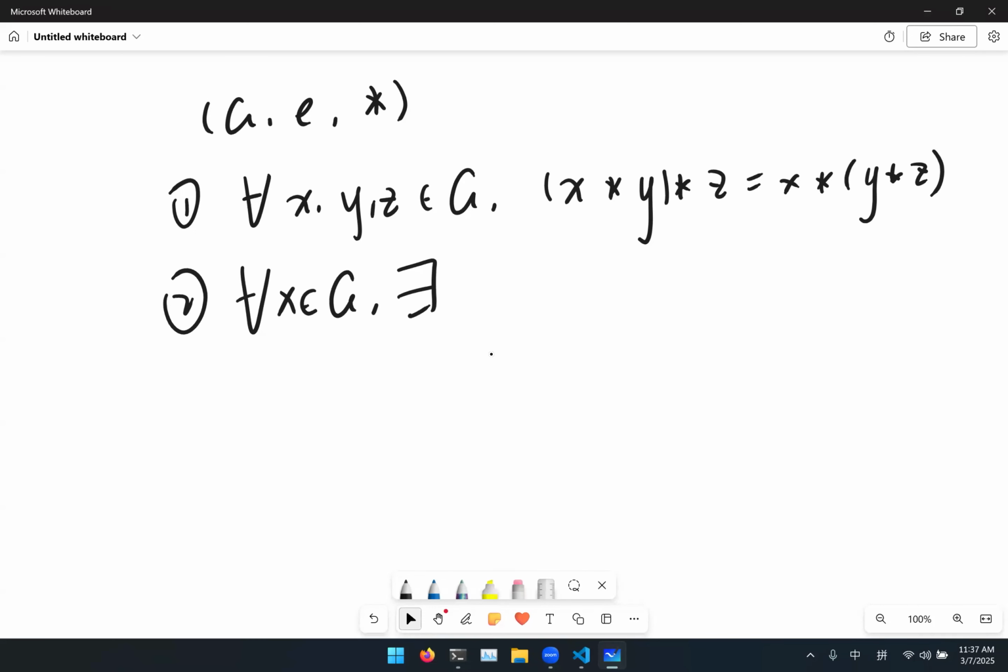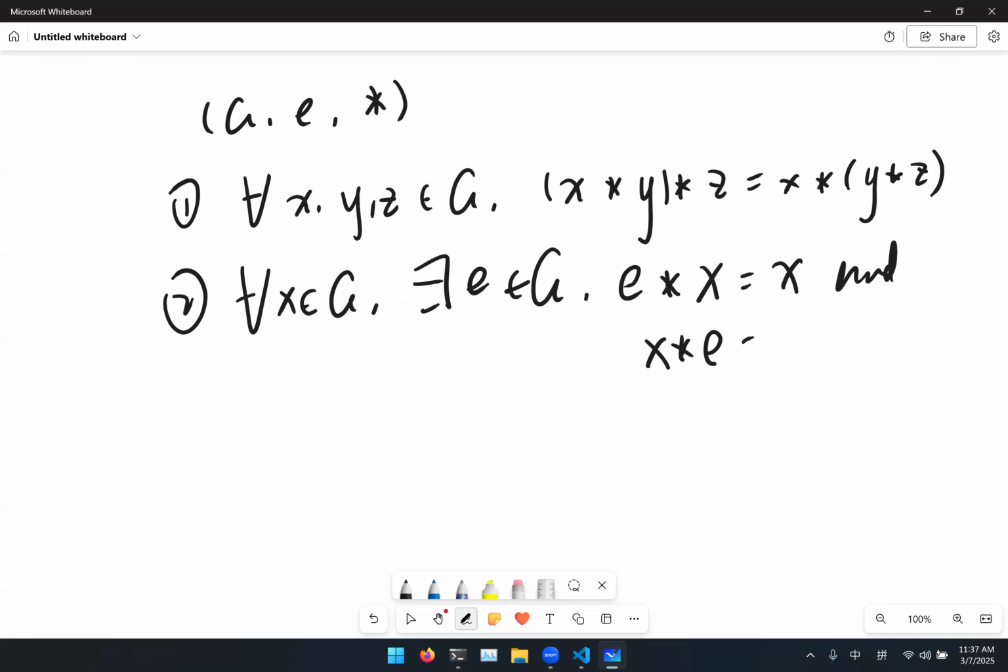There exists E in G such that E multiply x equals x and x multiply E equals x, which means that this E is both a left identity and a right identity. This is the definition of the identity.